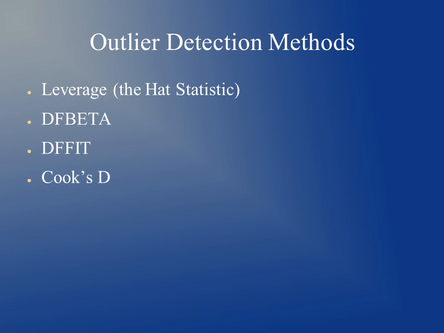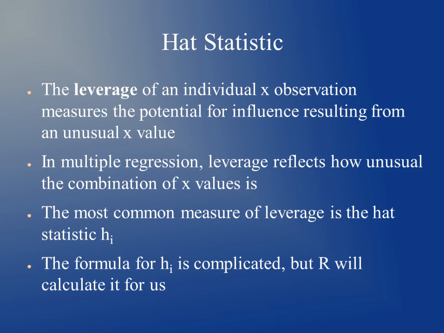The 4 detection methods that we're going to go over today are leverage, which is the hat statistic, DFBETA, DFFIT, and Cook's D. All of these give us different information about whether the points are influential, and we can make conclusions from looking at all of these together.